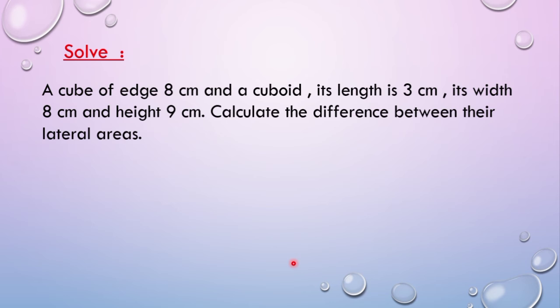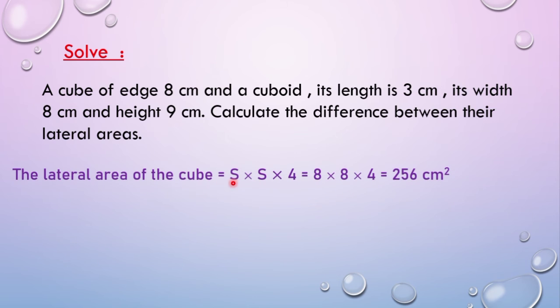In this problem, we said a cube of edge length 8 centimeters and a cuboid of length 3, width 8 centimeters and height 9 centimeters. Calculate the difference between their lateral areas. To get the lateral area of the cube, edge length times 4 or side times 4, so 8 times 8 times 4 equals 256.